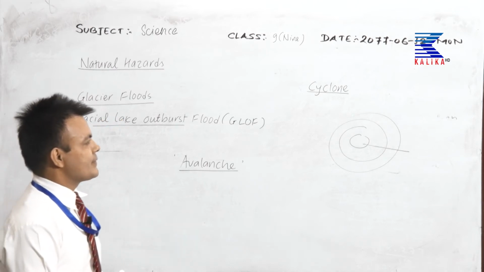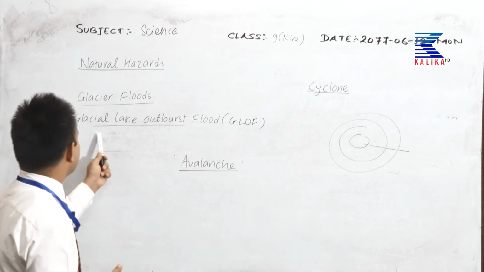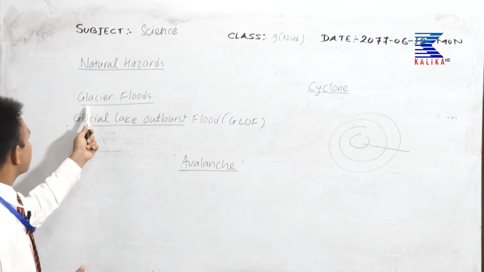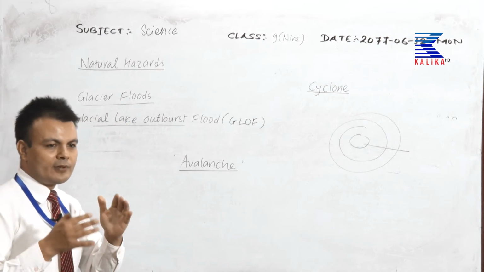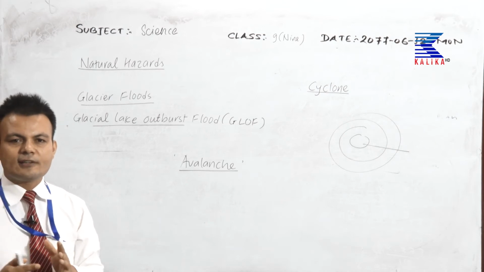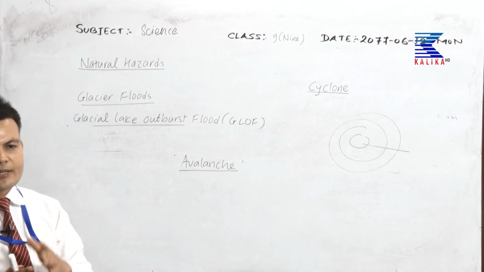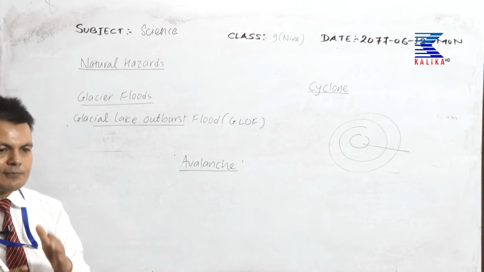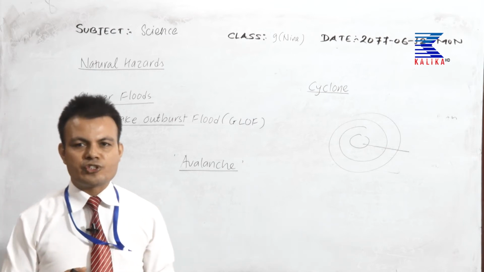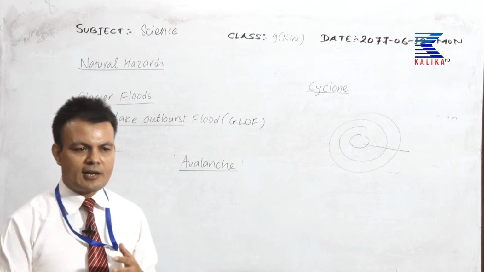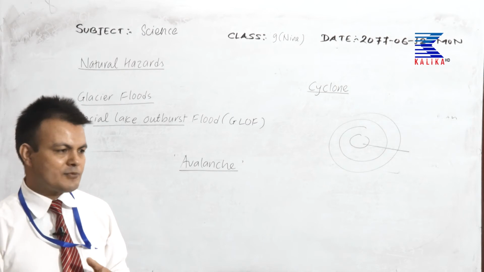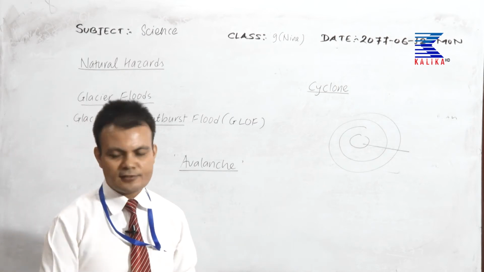So what are glacial lake outburst floods? Before that, let's talk about glacier floods. Because of the glacier, if a huge amount of snow rushes down, melts and floods downstream, it causes destruction of human settlements, agricultural fields, forests, wildlife and domesticated animals.